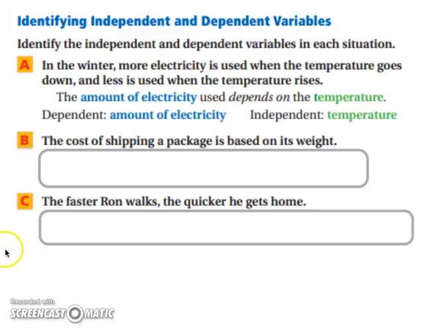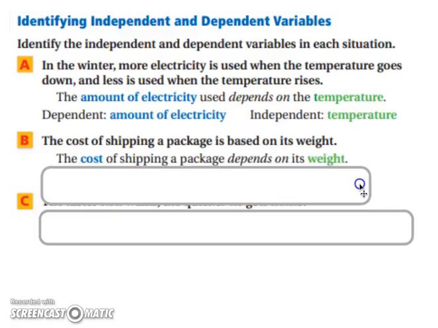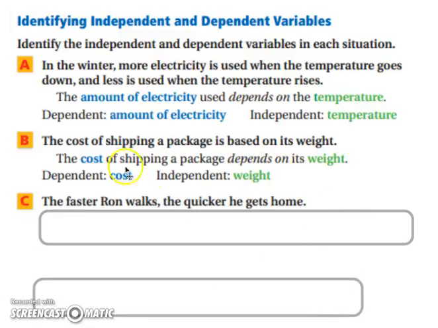Now that you've had a chance to try B and C on your own, let's try them together. So the cost of shipping a package is based on its weight. Well, the cost of shipping a package depends on its weight. So therefore, the dependent is the cost and the independent is the weight.